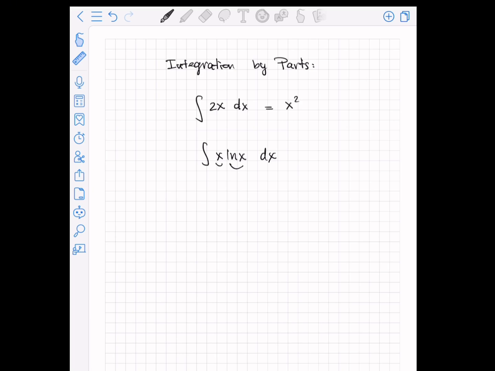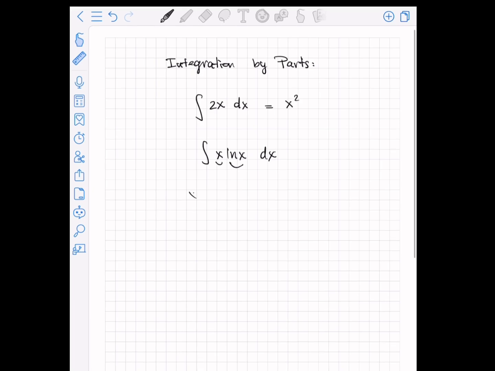But the antiderivative of x is very common and easy to remember. So what's the antiderivative of x? It is x squared over 2.